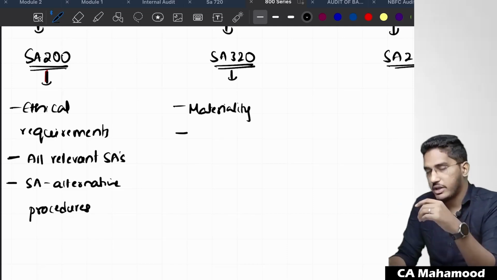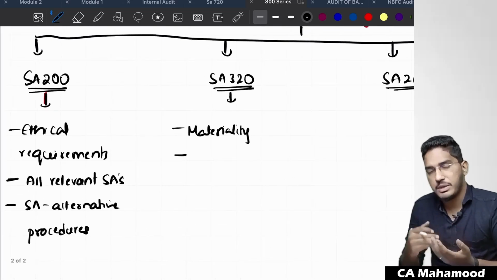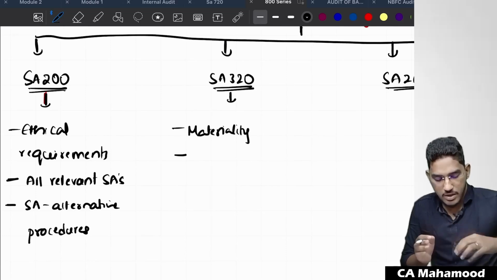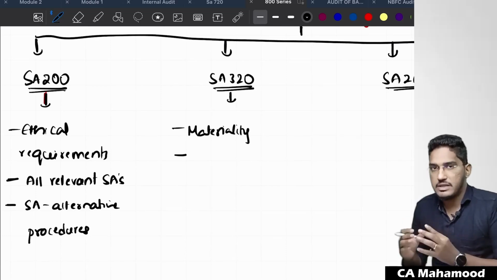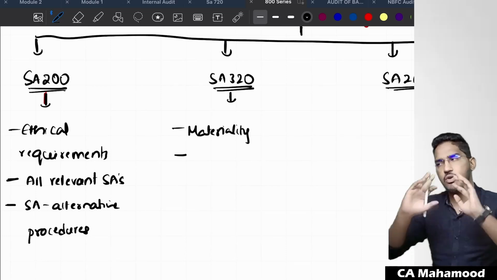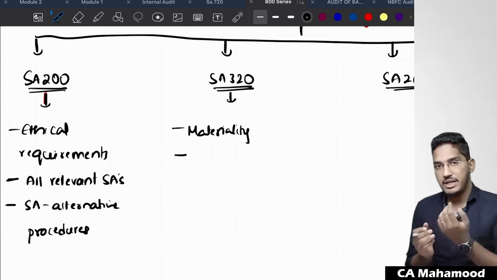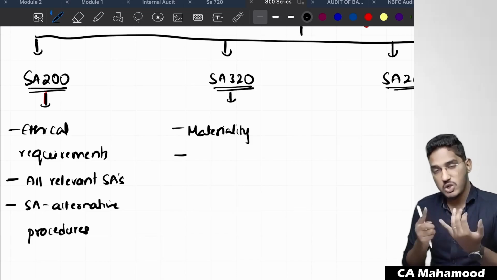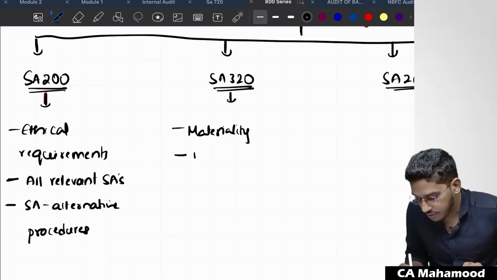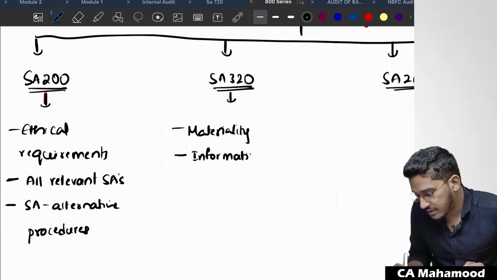For example, if I'm conducting audit of the general purpose financial statements of Reliance Industries Limited, what is material, what is not material, I will decide considering the information needs of all users simultaneously. But in the case of special purpose financial statements, while deciding materiality, I have to consider information needs of only intended users, not all the users.